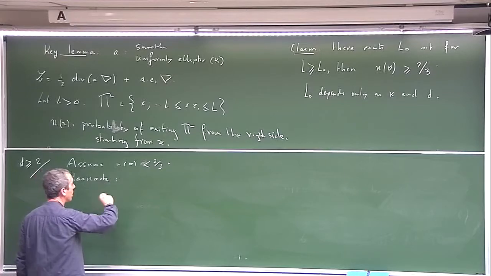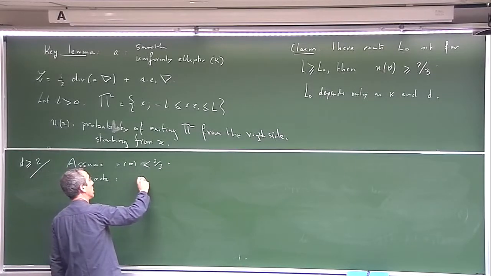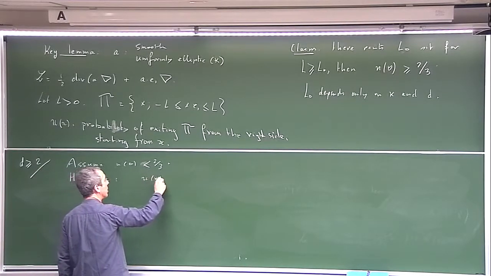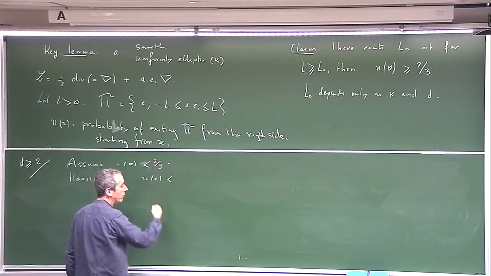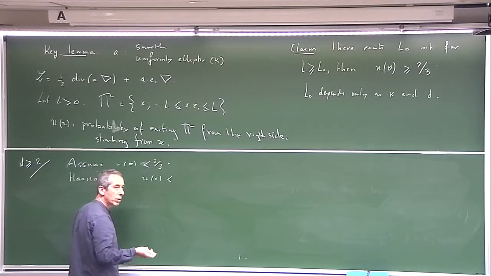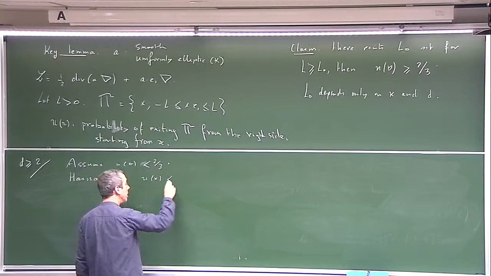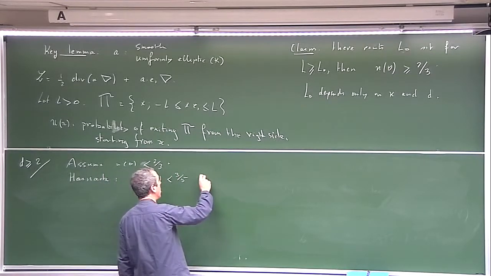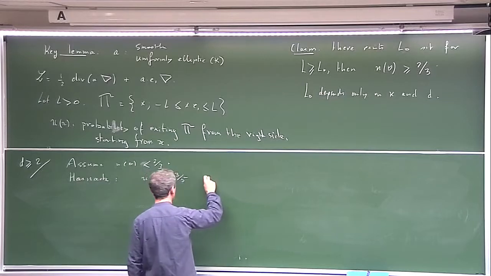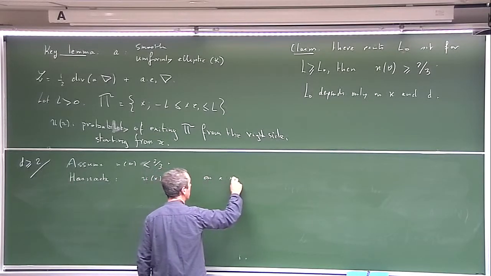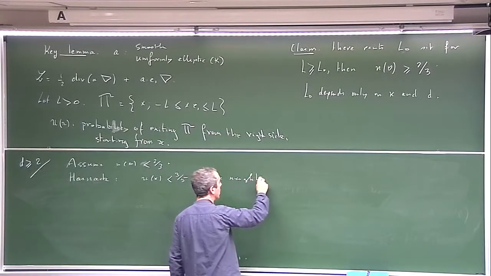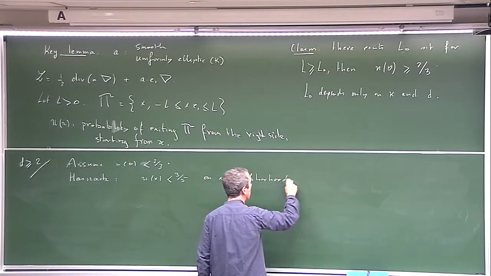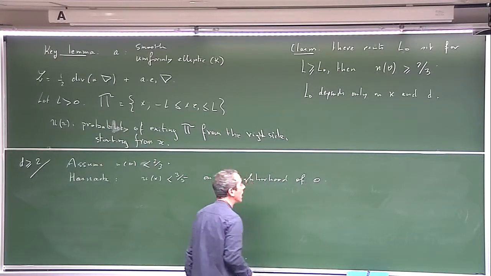So we use Harnack to say that U of x is going to be less than something, maybe not 2/3, maybe we have to lower it a little bit, maybe 3/5, I don't know, on a certain neighborhood of the origin.